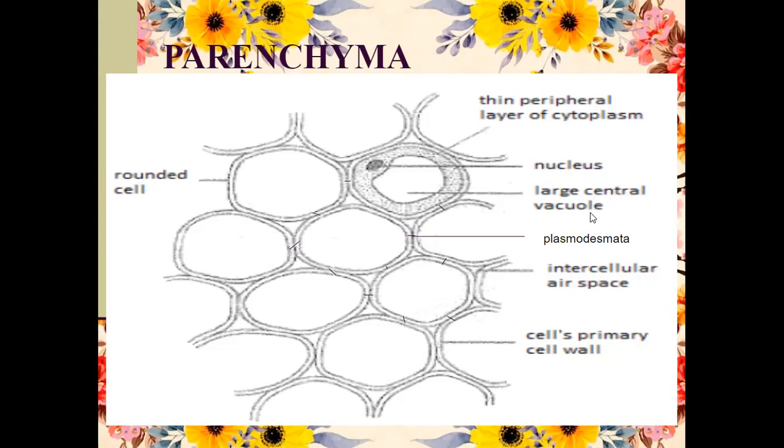I already explained this during the meristem. If many small vacuoles are present, those cells or tissues belong to meristem. But in permanent or matured cells, only one large central vacuole is present. It is the identification of permanent cells or matured cells.